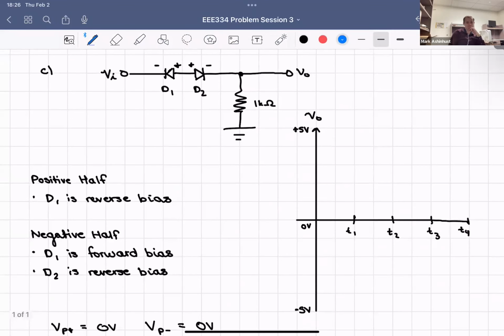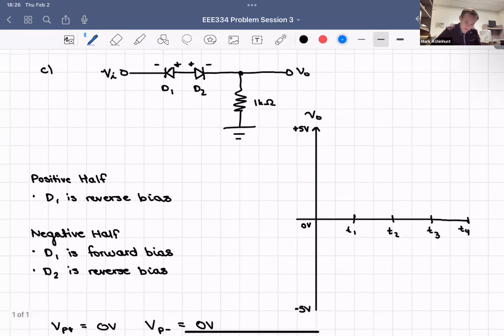This one is just 0 and 0. If we were drawing the whole line going through, we're just going to go like that, 0.